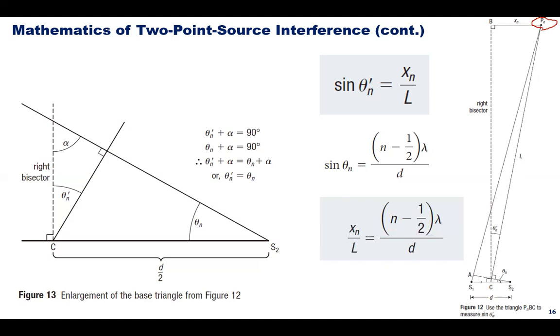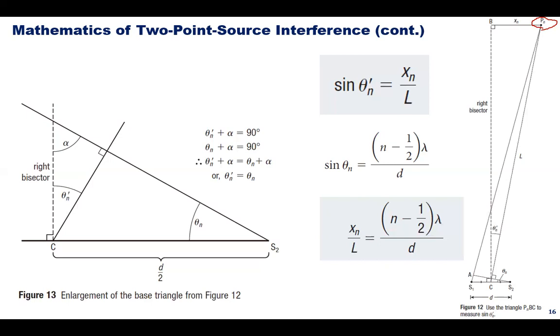The triangle PnBC in figure 12 is used to determine sine theta n prime. In this, d is the distance between the sources. xn is the perpendicular distance from the right bisector to the point Pn, right?